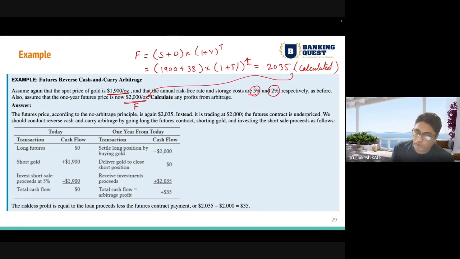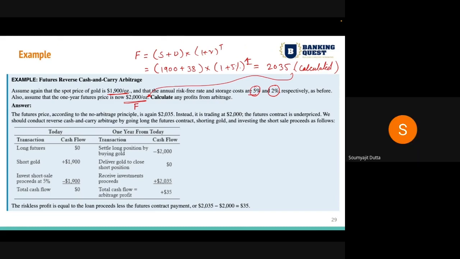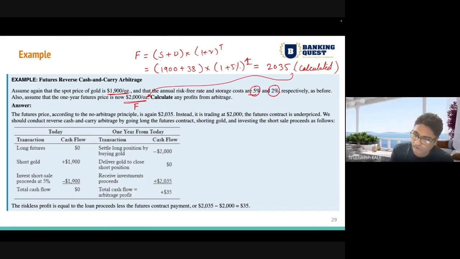Now, what should we sell and what should we buy? What should be sold is the one whose price is higher, that is 2035. 2035 is calculated from spot. So we sell the spot and we buy the future. You got my point?